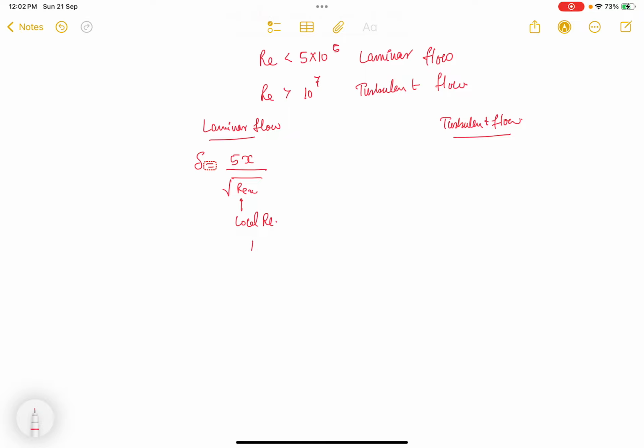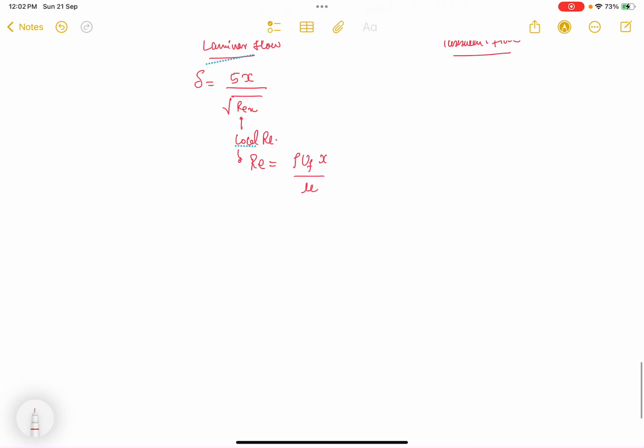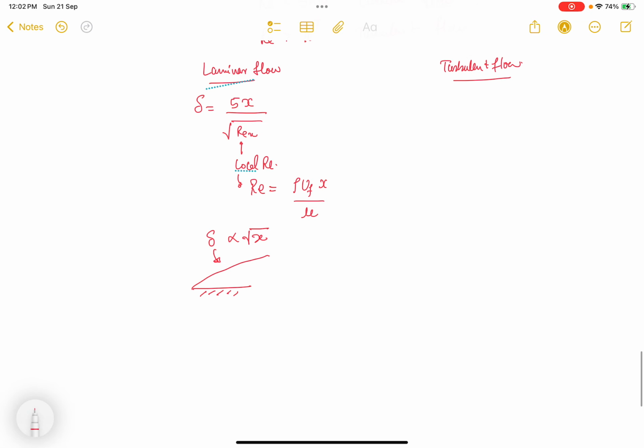It means the Reynolds number at a particular location, right? So if you expand it, the boundary layer thickness will come out to be proportional to square root of x. That's why the edge of the boundary layer was like this, square root of x, right?